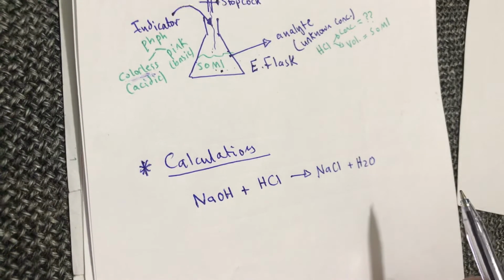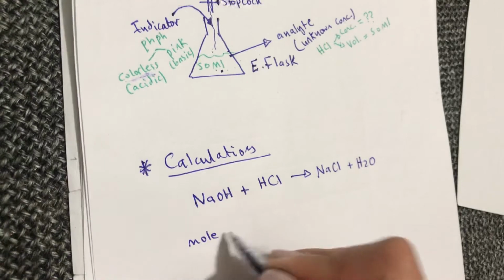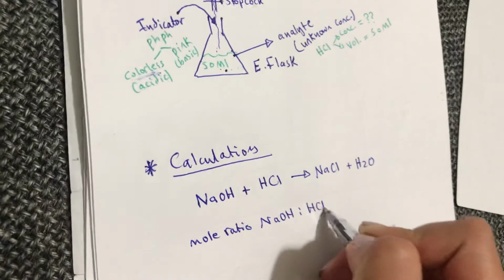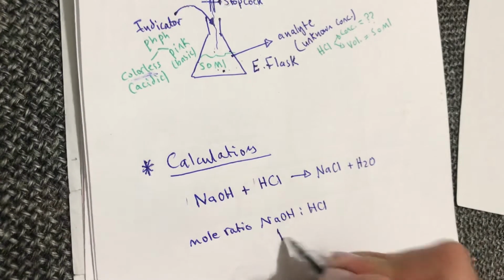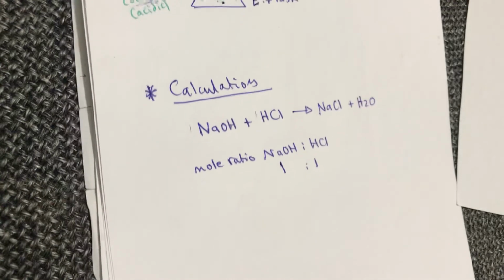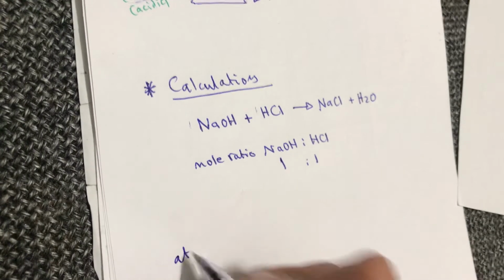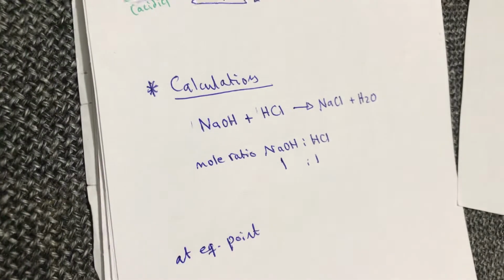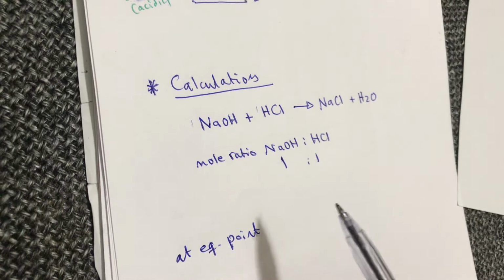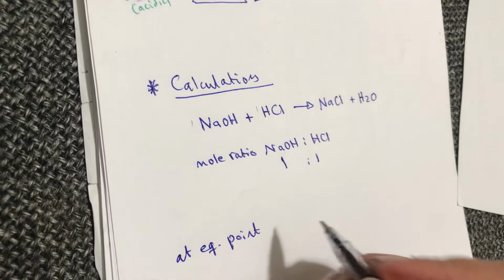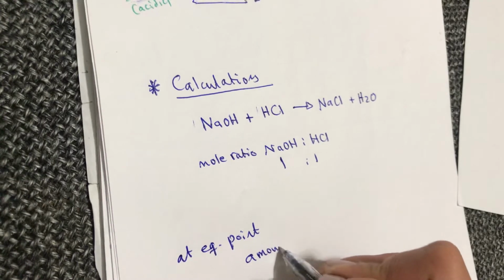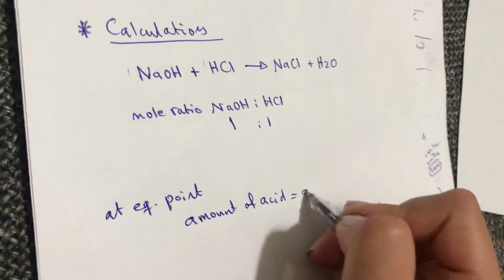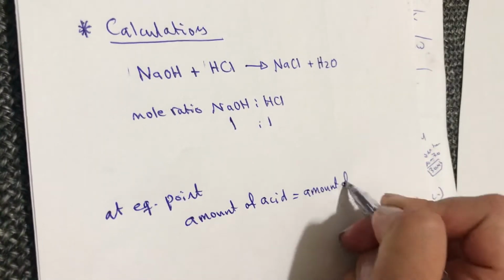It's a balanced equation, so the mole ratio between sodium hydroxide and hydrochloric acid is 1 to 1. So at the end point, or equivalence point, the point when the solution changes color, the amount of acid equals the amount of base.